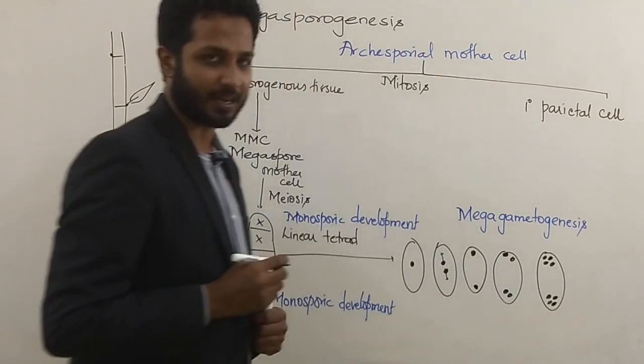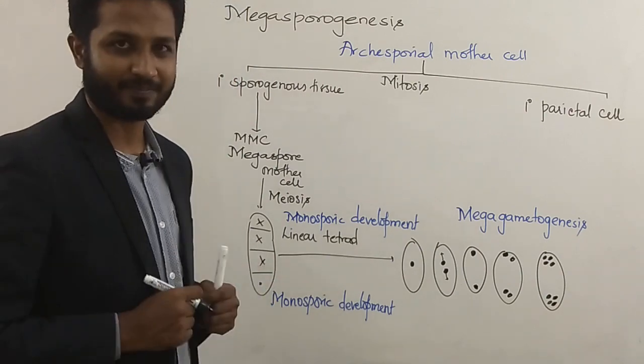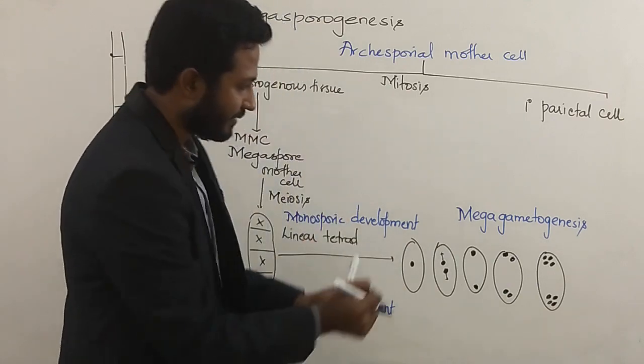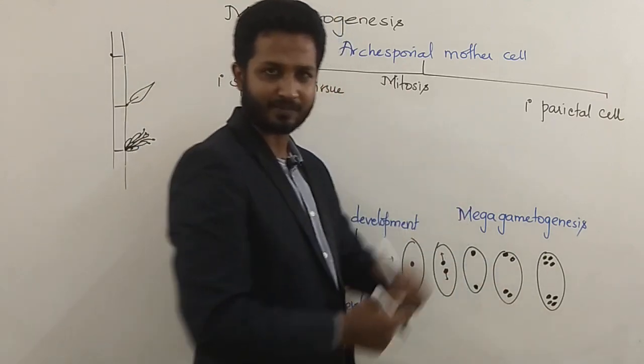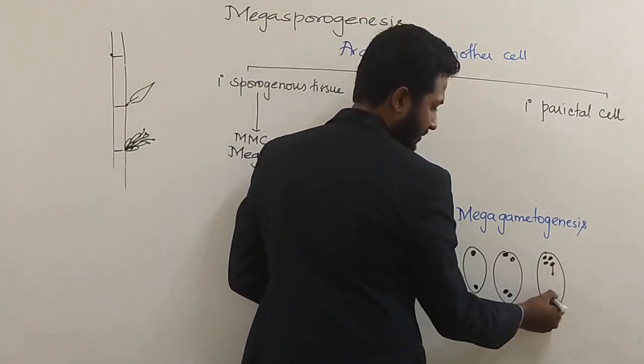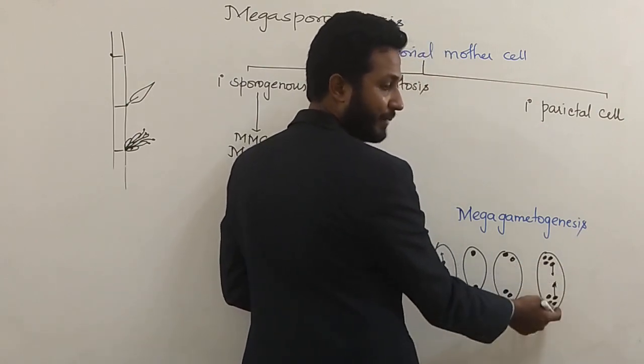After 8 cells are being formed, now comes the turn for alignment. You remember the embryo sac diagram we drew? That diagram is gonna be developed by these cells. So, one of the cells from opposite poles, one from the micropylar end and one from the chalazal end, will move or migrate towards the center.